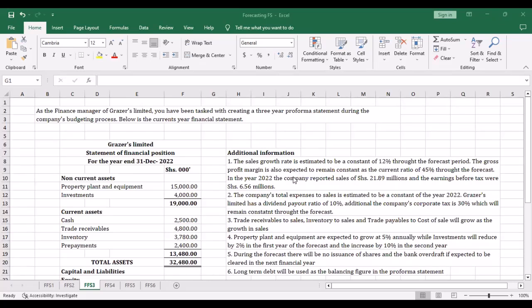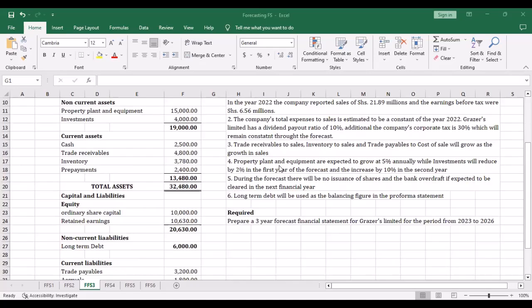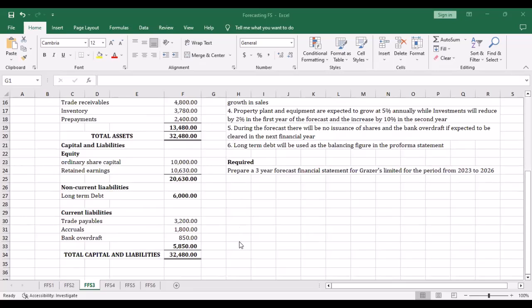The gross profit margin is also expected to remain constant at the current ratio of 45% throughout the forecast. In the year 2022, the company reported sales of 21.89 million and earnings before tax of 6.56 million. So we will just create our assumptions here.